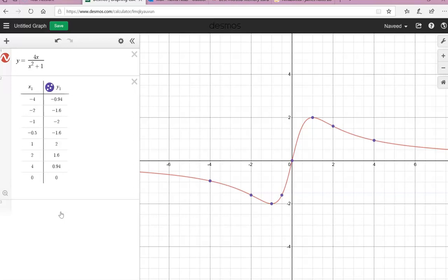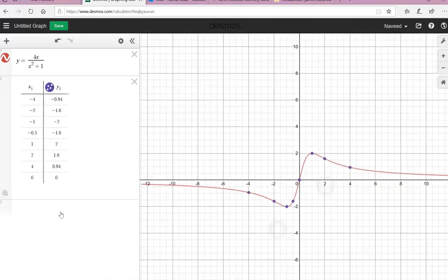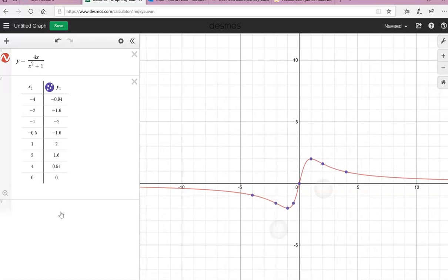But it turns out that this graph is very unique. It does have a maximum and minimum, but you don't need to worry about that until calculus. But other than that, that's the graph. And yeah, it is interesting, because if I zoom out, you can notice that both graphs actually won't cross the x-axis.